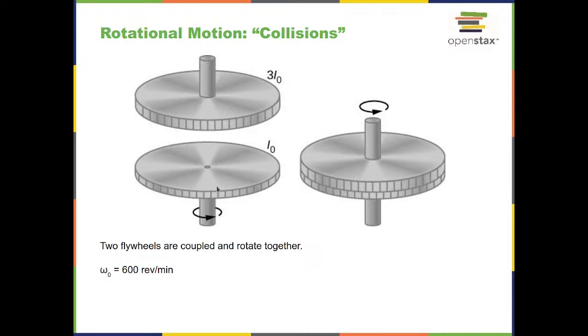There will be friction, and that will speed up this heavier flywheel until it is moving at the same angular velocity as the lower flywheel, which will slow down. At that point the kinetic friction describing the sliding motion will turn into static friction, and from that point on they'll just be moving together.